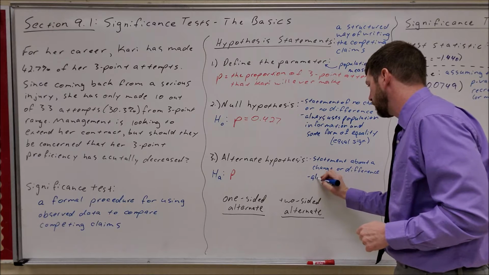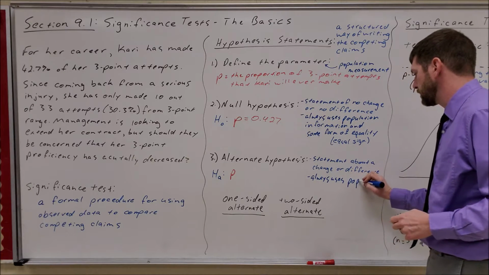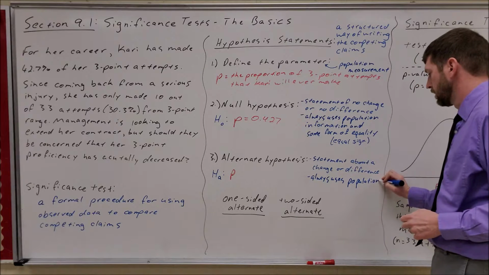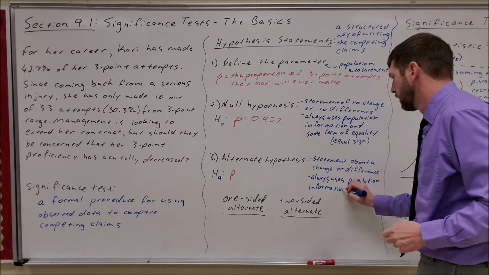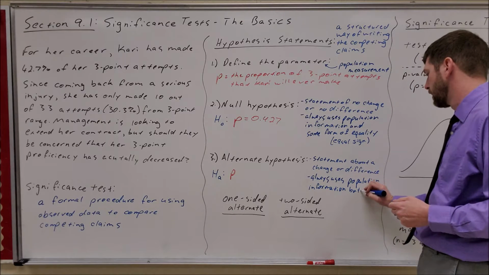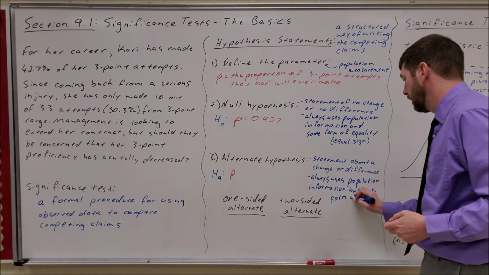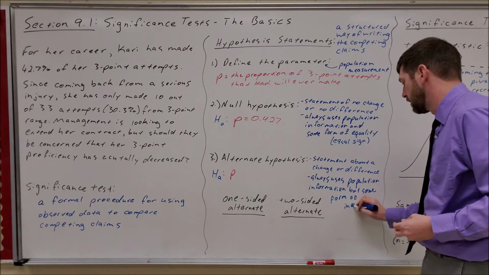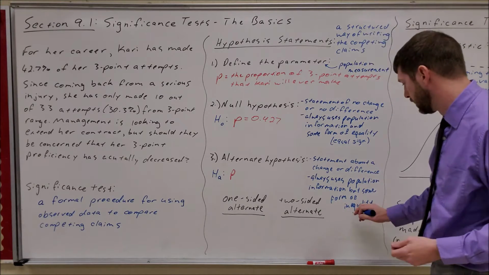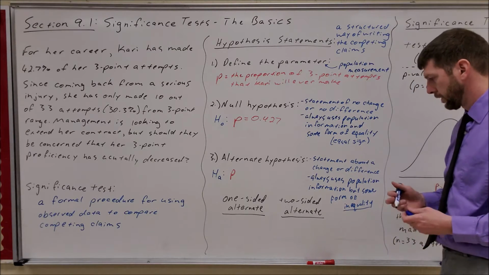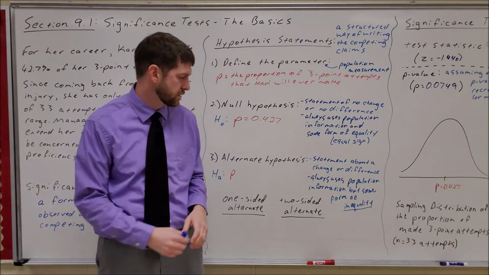So it still always uses population information, but some form of inequality. Alternate's going to say that, yeah, we're different than what you've claimed originally.